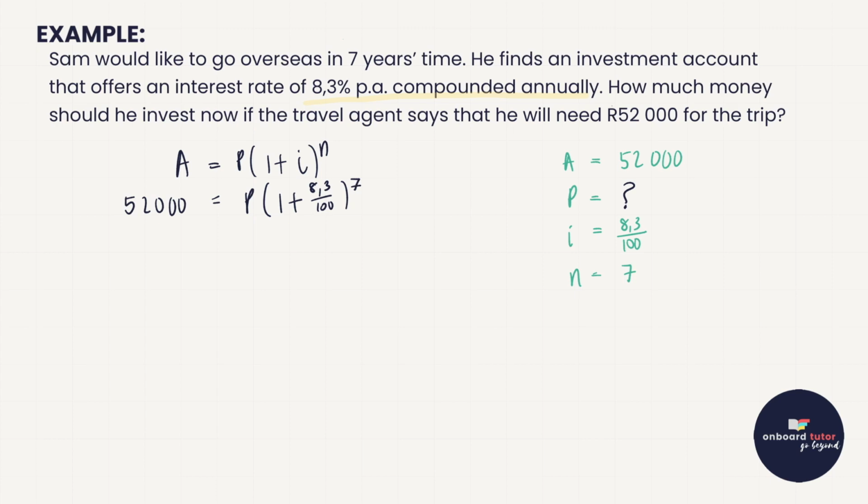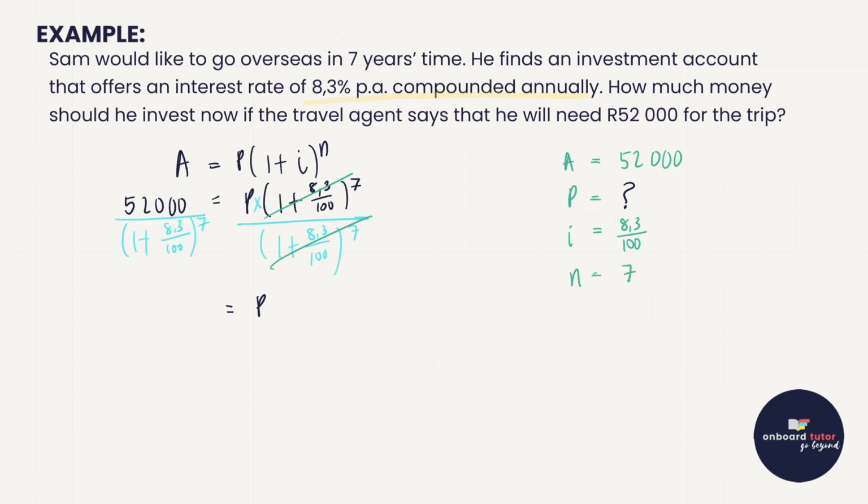So what I suggest you do is, if you can identify the fact that P is multiplying by this bracket, then we can divide by this whole bracket to get P on its own. And because it's an equation, what I do to the one side, I do to the other side. So I'm not going to round anything off. I'm going to put all of this information into one calculation on my calculator.